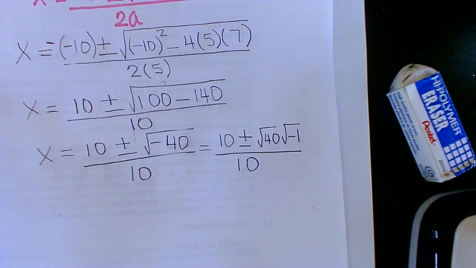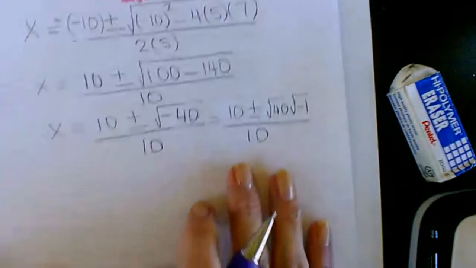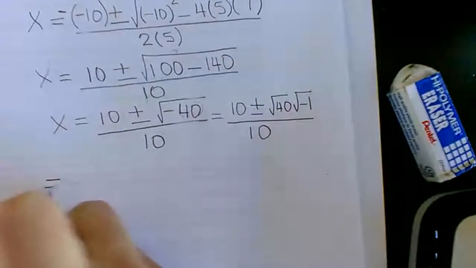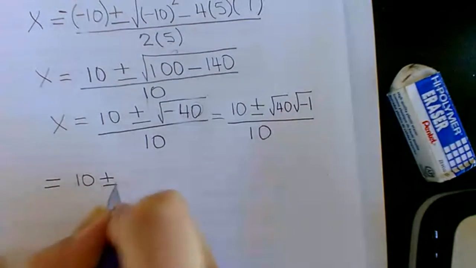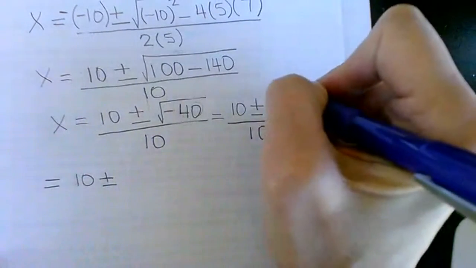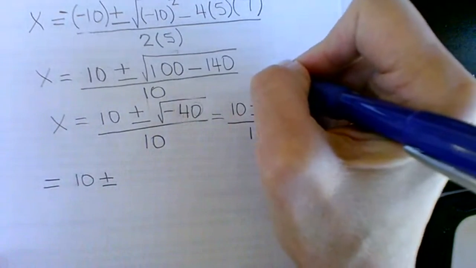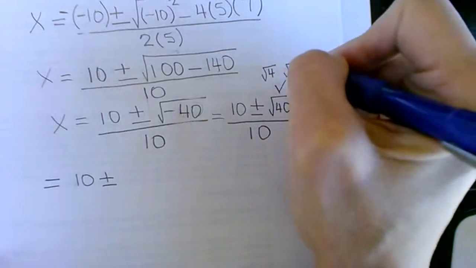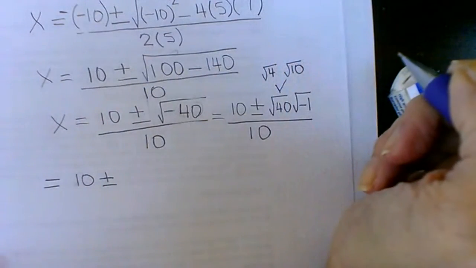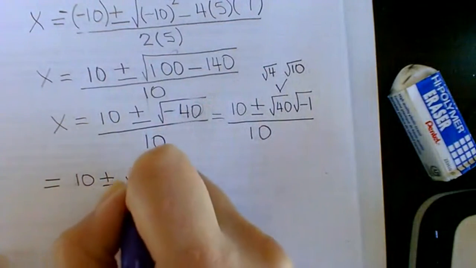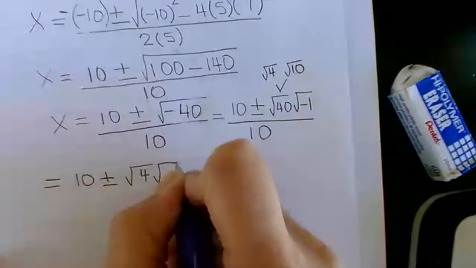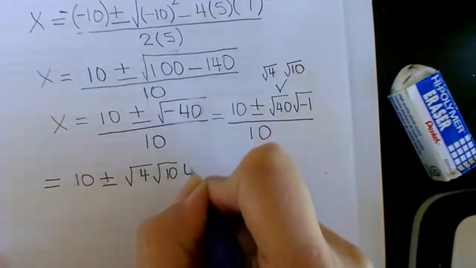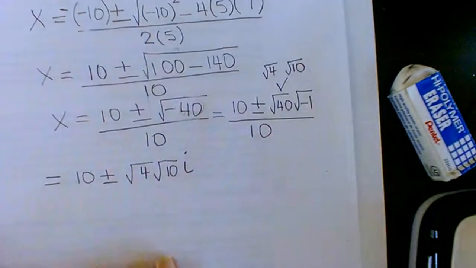Now we're going to use the plus and minus. What is the square root of 40? It is equal to the square root of 4 times the square root of 10, and the i. You see that?